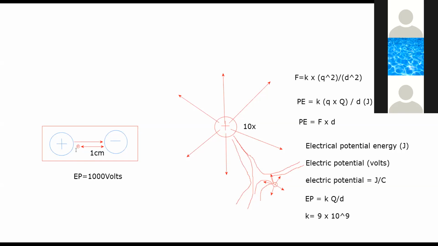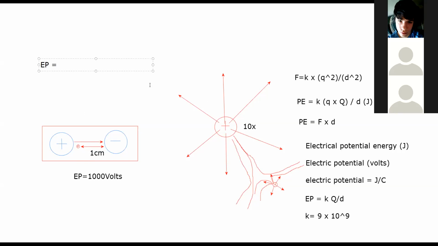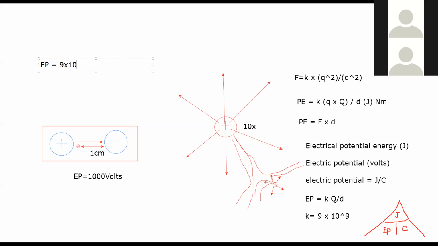1,000. 100 maybe? You can work it out, you know. Okay, so we have electric potential equals 9 times 10 to the 9 Q. So the book says 1,000 volts is 1 coulomb.